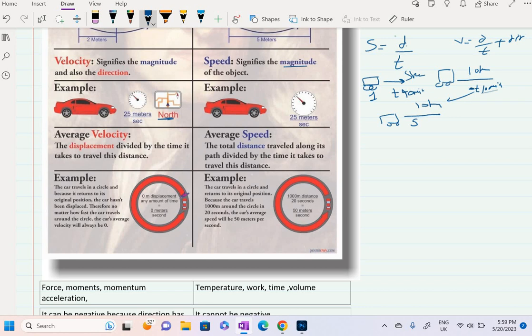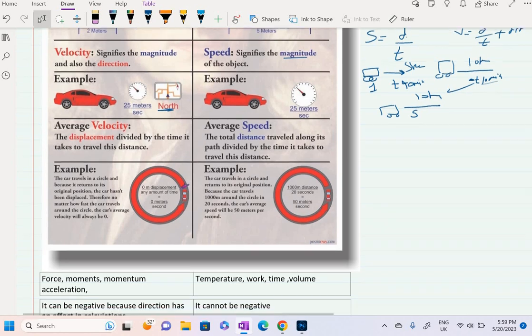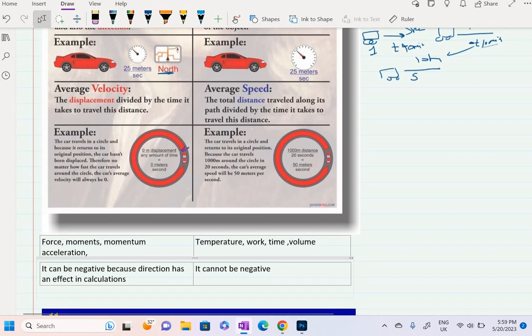I just told you 2 minutes ago, direction is a very important thing in the vector because it can be negative. The vector quantity can have a negative value because direction has an effect in the calculations. How can that be?